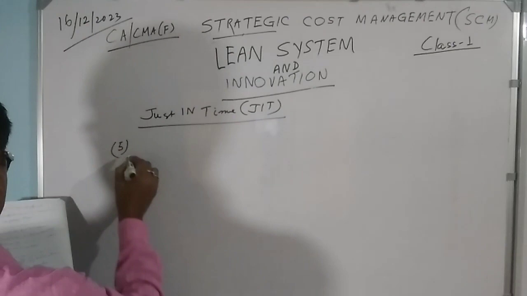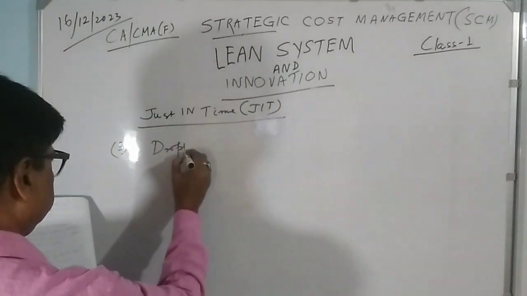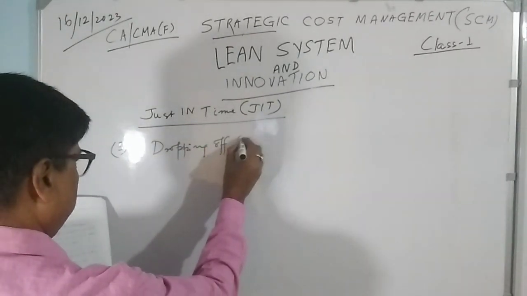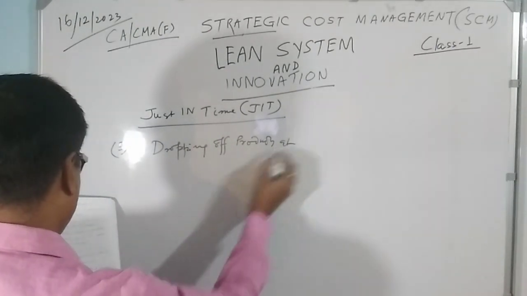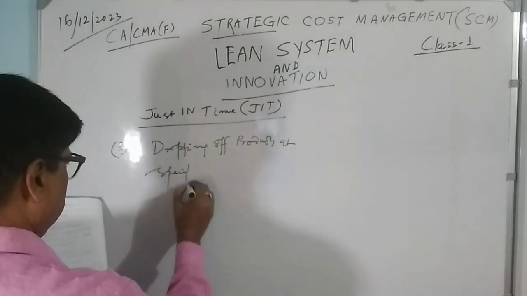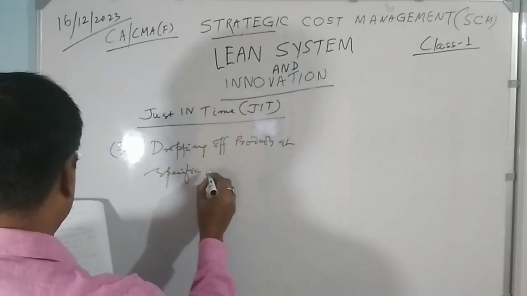Now this fifth point: dropping of products at specific machines.